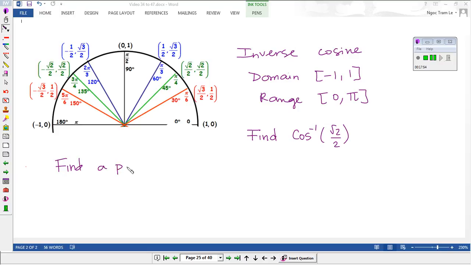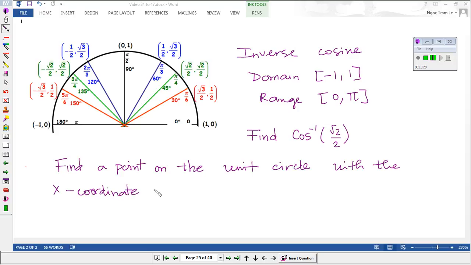The first thing you have to do is find a point on the unit circle with the x coordinate of square root of 2 over 2.